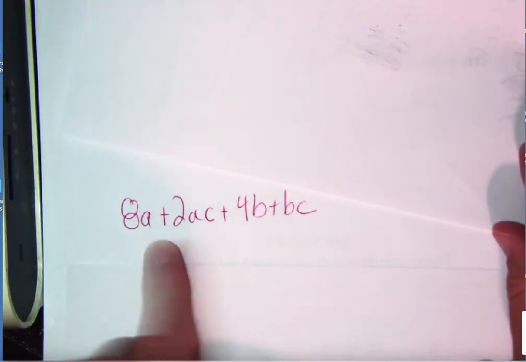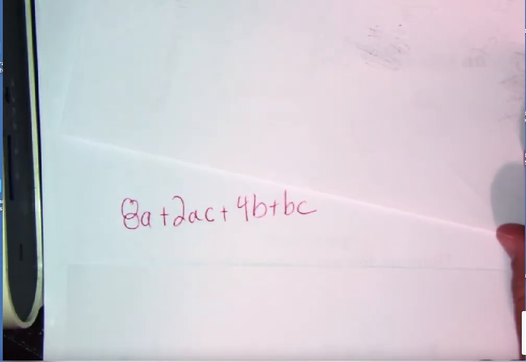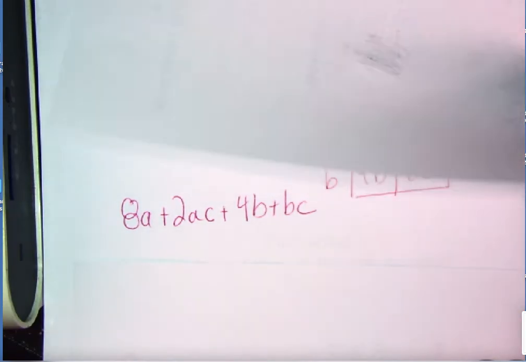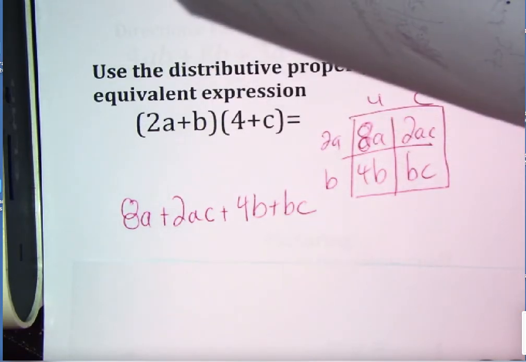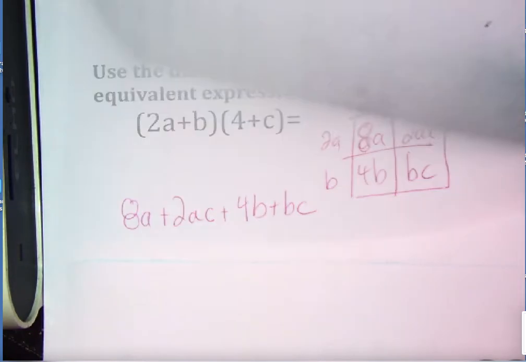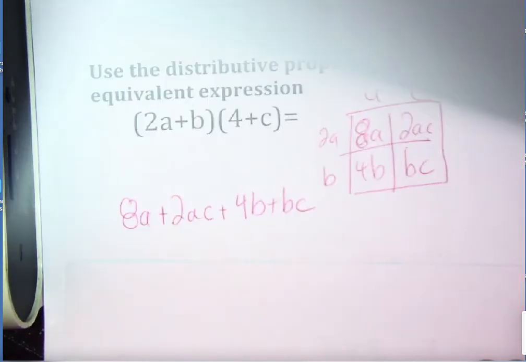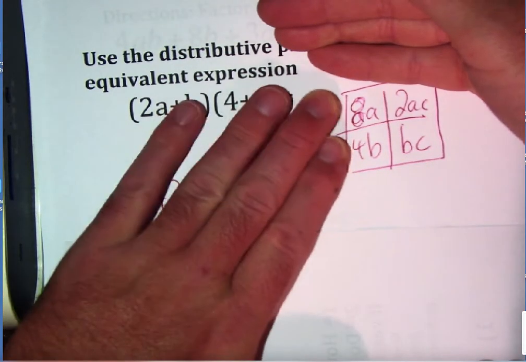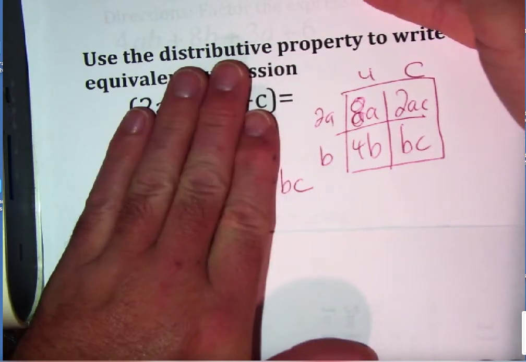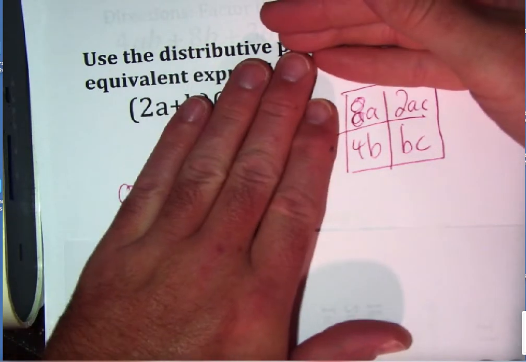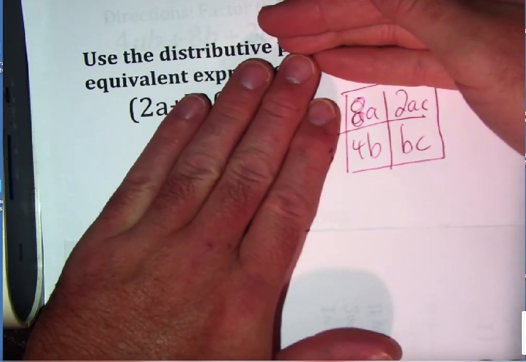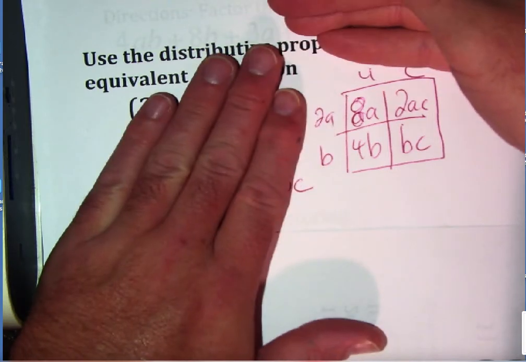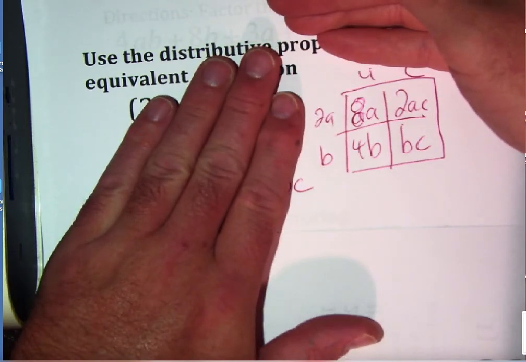How could we figure it out here, right? How do you go from these 4 terms to 2 terms in each parentheses, right? How do you take the 4 terms and figure out what's on the outside? I'll say it again. If you have 8A, 2AC, 4B, and BC, how could you figure out what's on the outside? Because that's what's in parentheses.